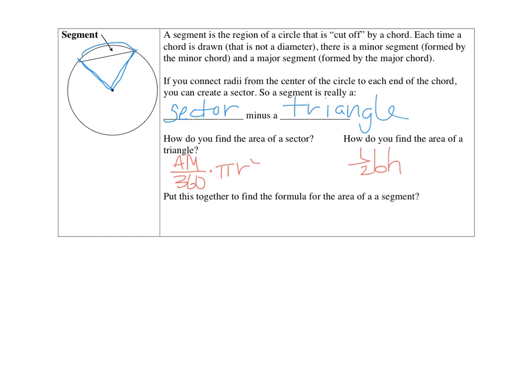So area of a segment is going to equal, we take the part for the sector, arc measure over 360 times pi r squared, that's the area of a circle, and then we subtract that triangle, or 1/2 BH.